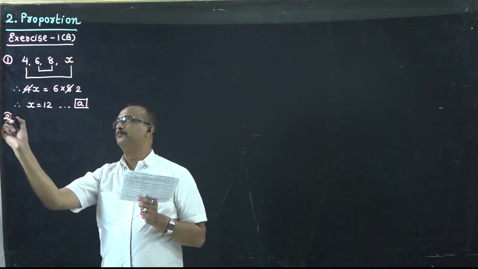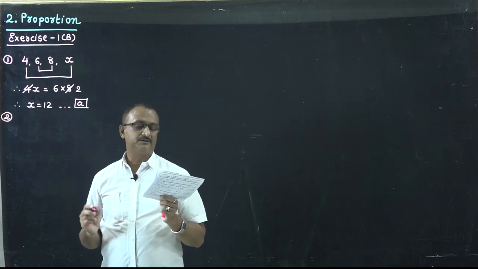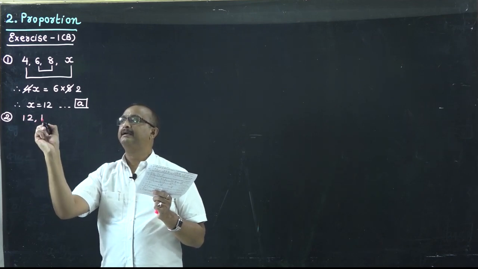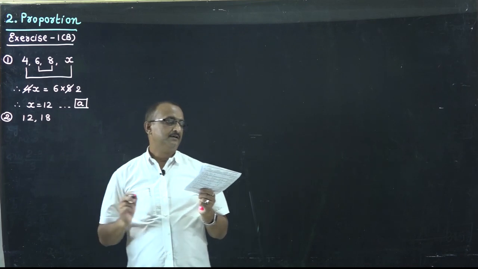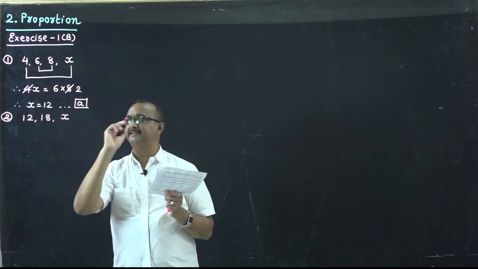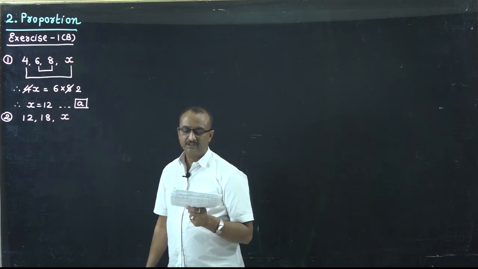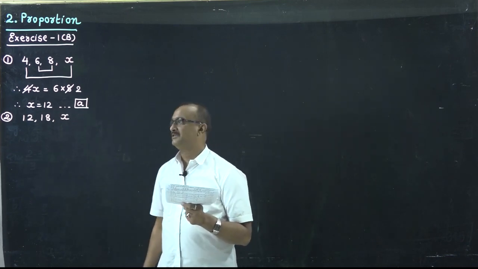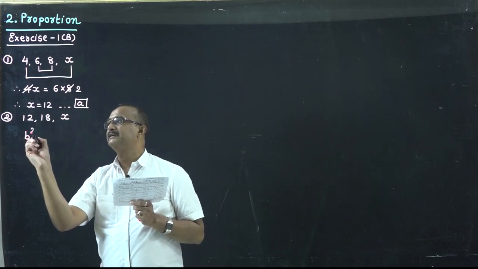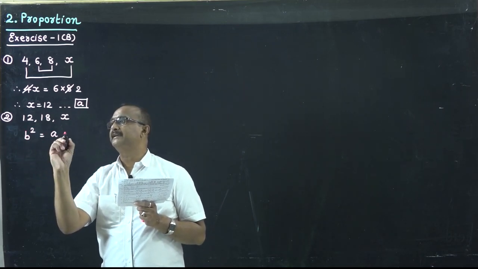Question number 2: the third proportional to 12, 18 is. Okay, third proportional is asked, so we are taking x as the third proportional: 12, 18 and x. What is our formula? B square is equal to AC.